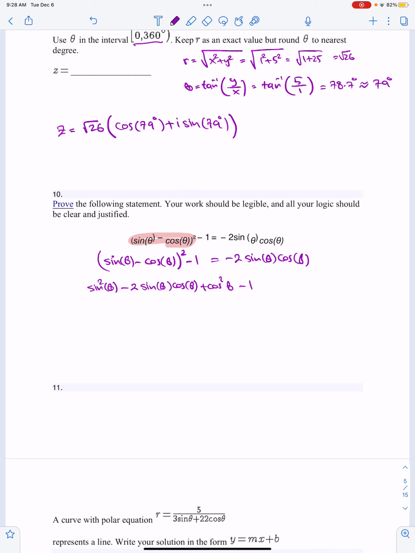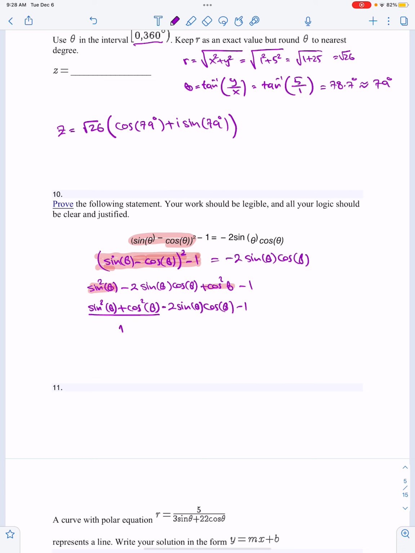So I started with the left-hand side, this one, and I need to prove it's equal to the right-hand side. Notice how sine squared plus cosine squared is equal to 1. So let me write them next to each other first. So I know that sine squared theta plus cosine squared theta minus 2 sine theta cosine theta minus 1.